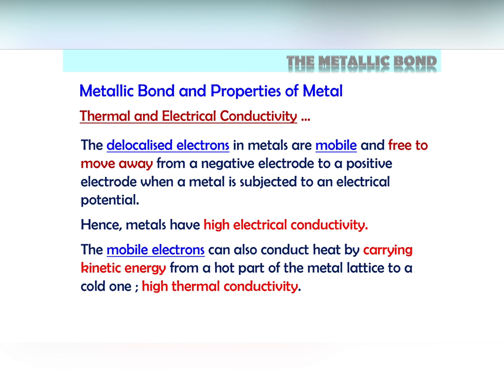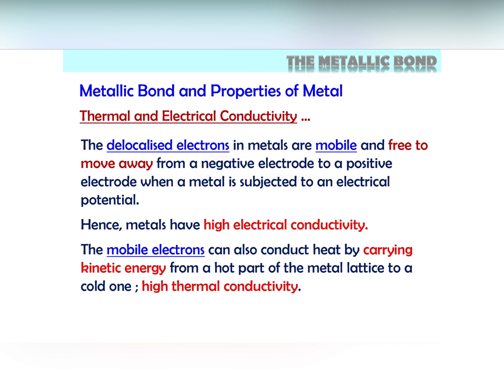Alright, so as we discussed just now, elektron sifat dia bergerak dengan bebas. Dia tak terikat dengan specific atom. So, the delocalized electrons in metal, they are mobile and free to move from the negative electrode to the positive electrode.